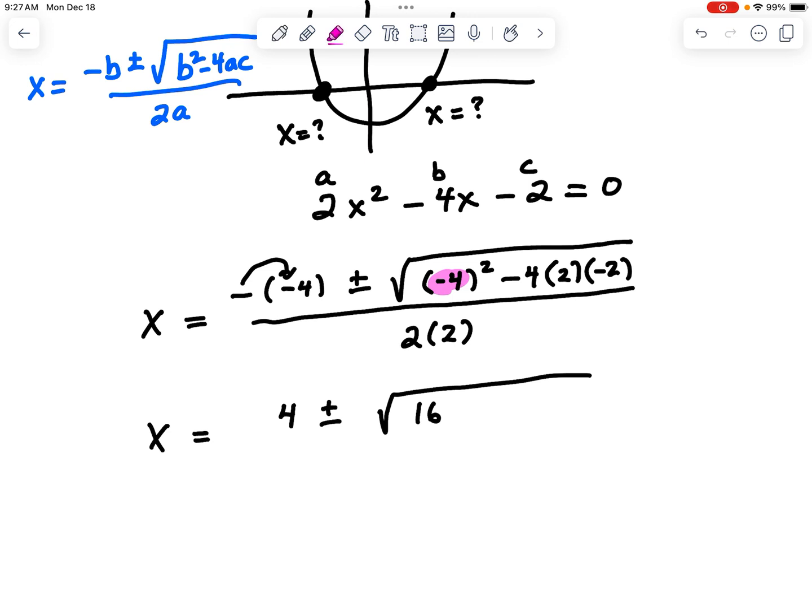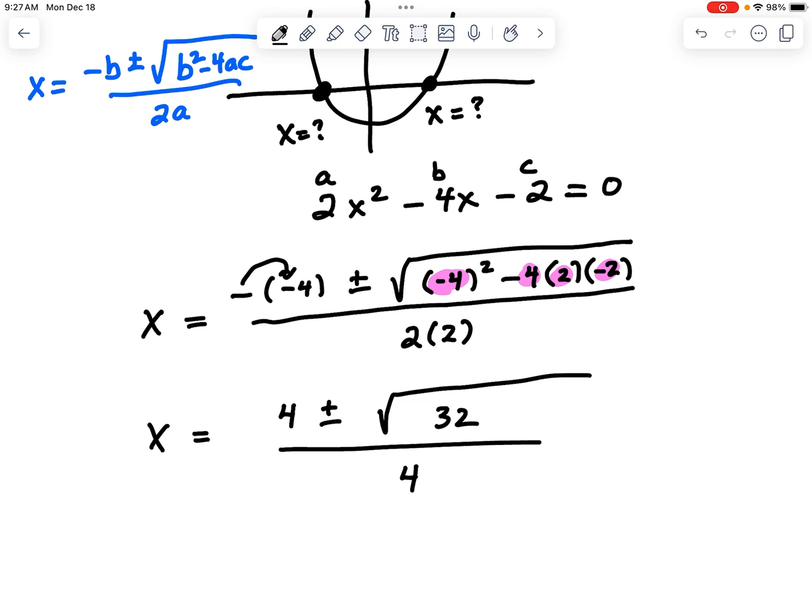And then this will be negative 4 times 2, which is negative 8, times another negative makes it positive, and then 8 times 2 is 16. So I have another positive 16. And then the whole thing is divided by 4. Or I could even say inside the square root, a 16 plus a 16 is a 32.